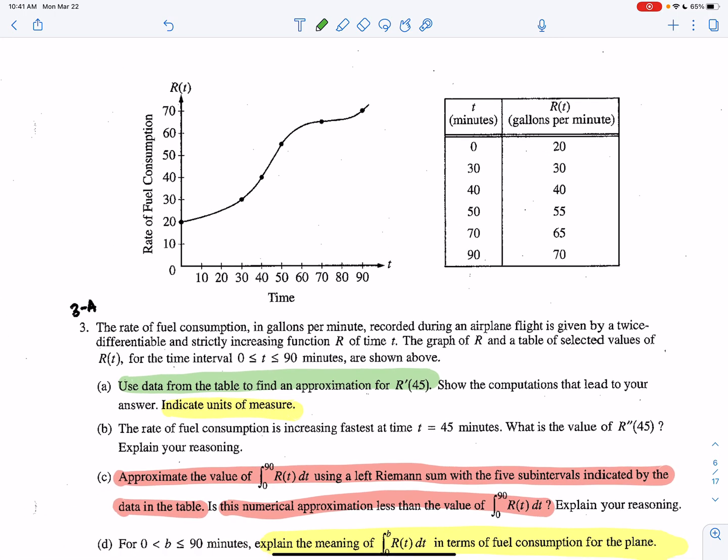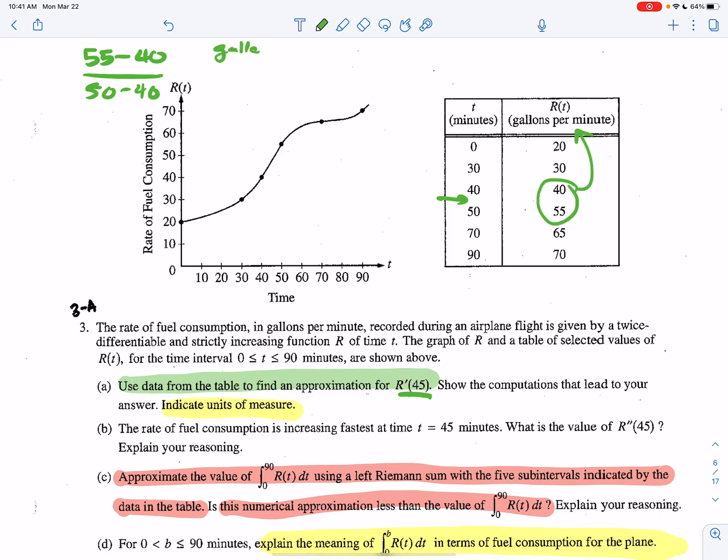Okay. So in part A, R prime of 45. Okay. 45 is somewhere between 40 and 50. So that's going to be 55 minus 40 over 50 minus 40. That is your average rate of change there. Okay. 55 and 40 is measured in gallons per minute.